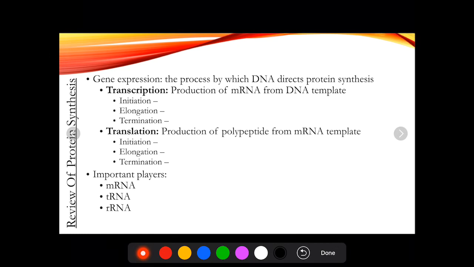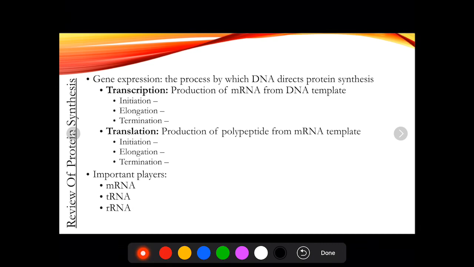So, take 10 seconds for transcription and try to remember what initiation, elongation, and termination include. Remember, when you're thinking transcription, that's the production of mRNA. So what enzyme is going to be critical to all of this? Okay. So initiation happens when what?